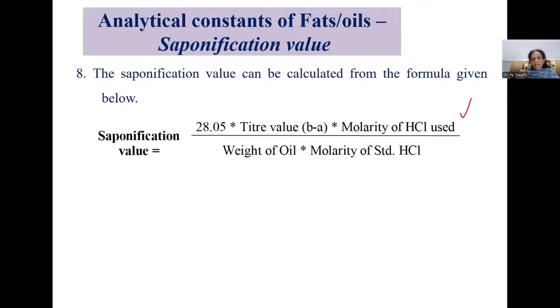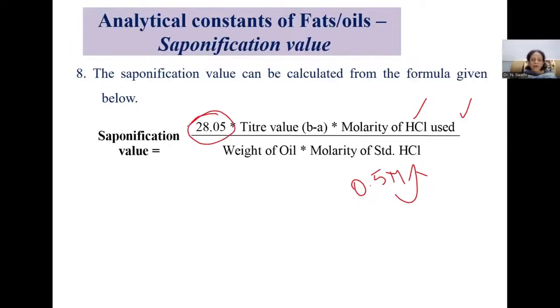Whatever molarity value you get for hydrochloric acid upon standardization is the actual molarity of hydrochloric acid used, so that value comes in the numerator. Whatever standard hydrochloric acid molarity is mentioned in the IP, which suggests using 0.5 molar hydrochloric acid, comes in the denominator. That is the difference between the molarity terms in the numerator and the denominator.